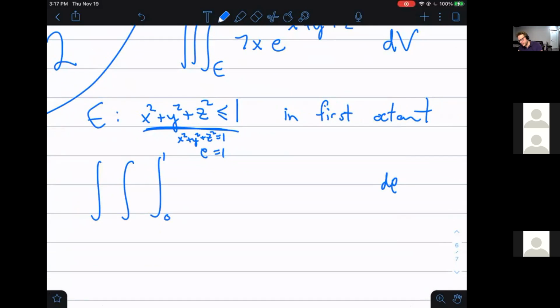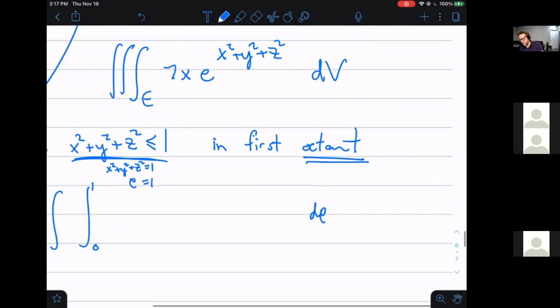Now, embedded in this first octant information, there are actually some other restrictions. Our thetas are going to go from 0 to pi over 2, because 0 to 2 pi would go all the way around, but we only want the first octant, and part of that is the first quadrant. If you restrict down to the x's and y's, the first quadrant is between 0 and 90 degrees, or 0 and pi over 2.